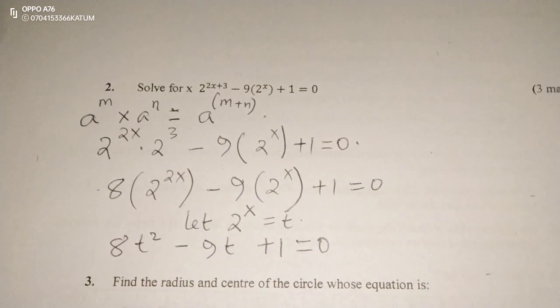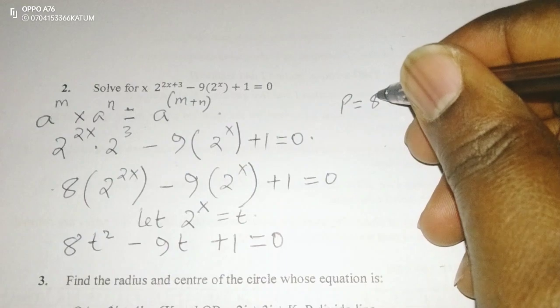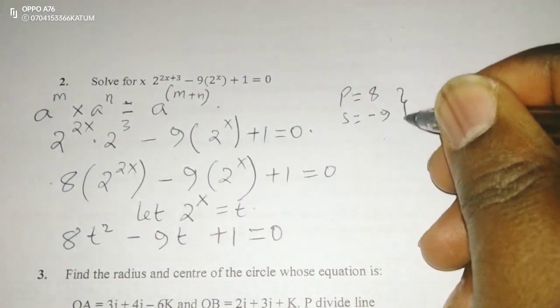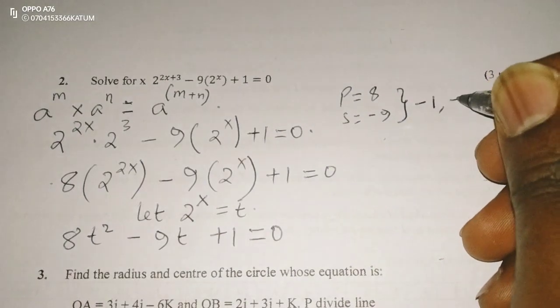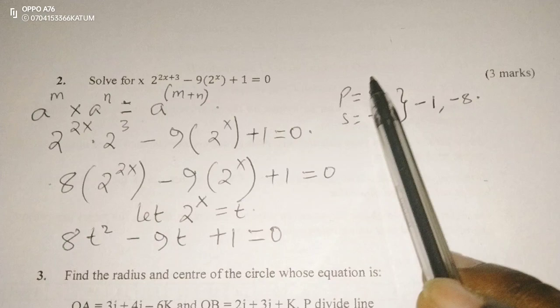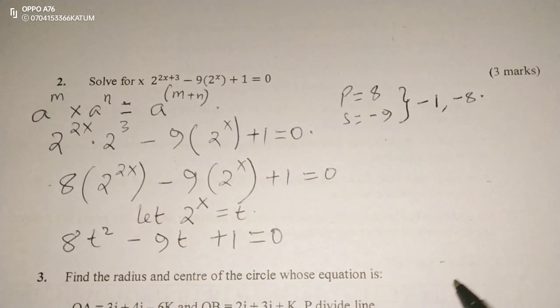This is a quadratic equation. Solving for t, we need a product of 8 and a sum of negative 9. So negative 1 and negative 8 will work out because they have a product of 8 and a summation of negative 9.